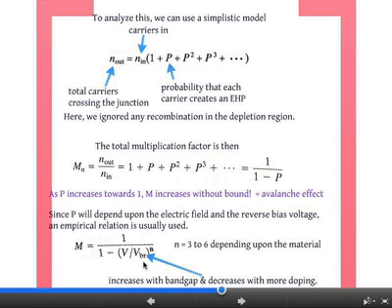Again, the breakdown voltage also increases with the band gap and decreases with more doping. Now, the doping is an important consideration. Remember that in a P plus N junction, the depletion region is small on one side, and on the other side it is large.